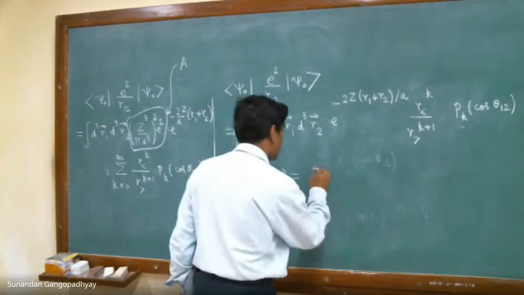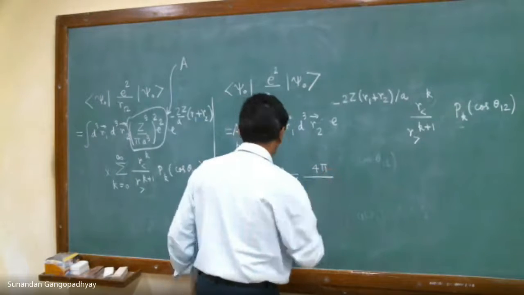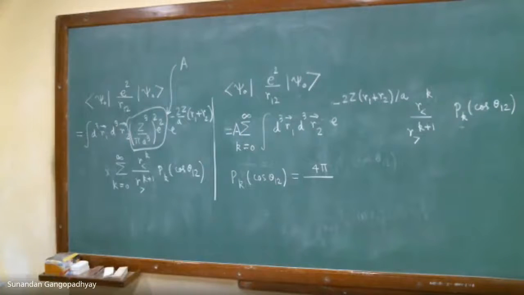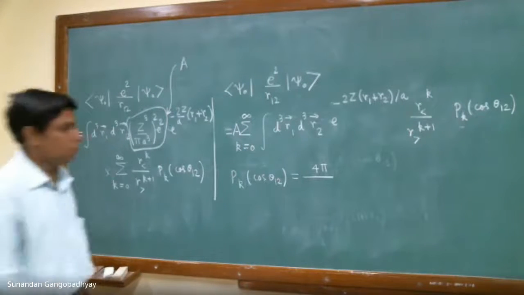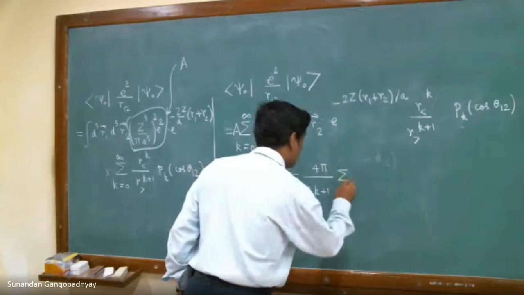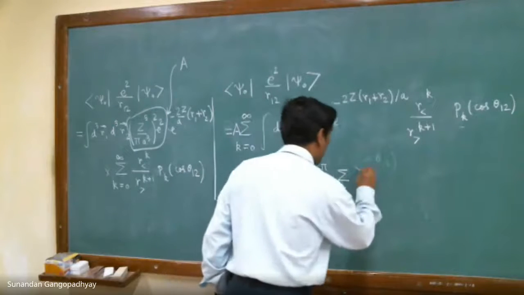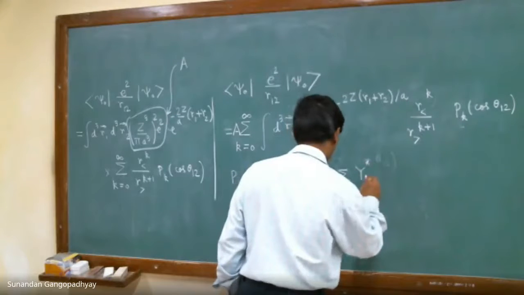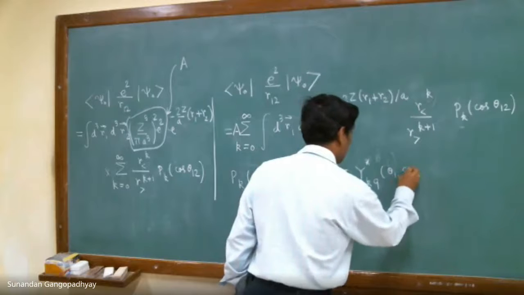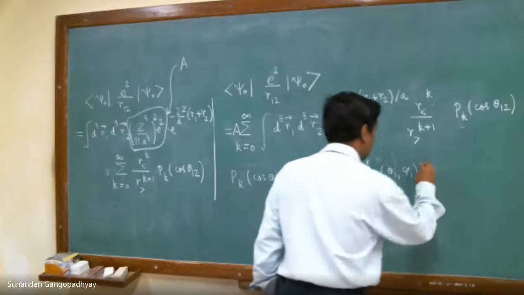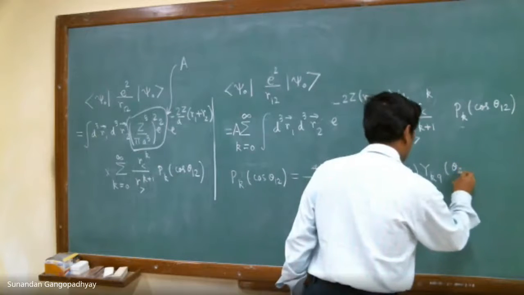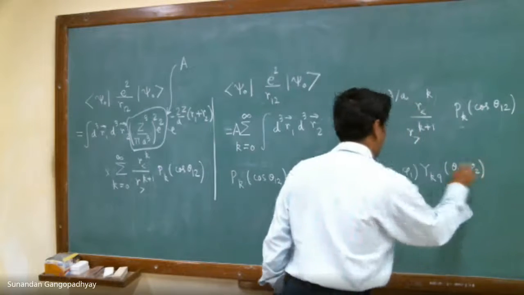So this can be written as 4 pi by 2k plus 1 summation over q y star kq theta 1 phi 1 and y kq theta 2 phi 2.